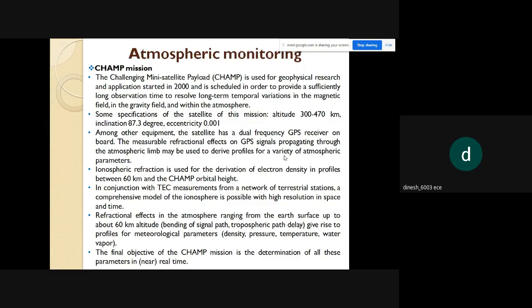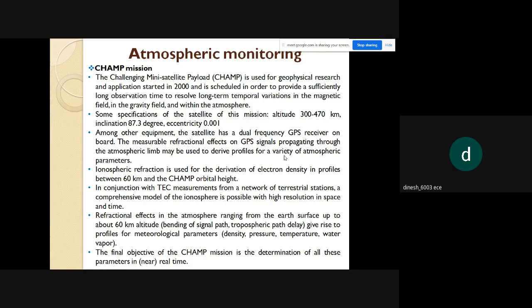Among the other equipment, the satellite has a dual frequency GPS receiver on board. The measurable refractional effects on GPS signal propagating through the atmosphere limb may be used to derive profiles for a variety of atmospheric parameters.